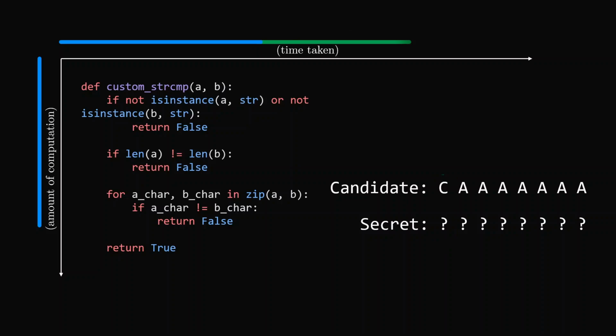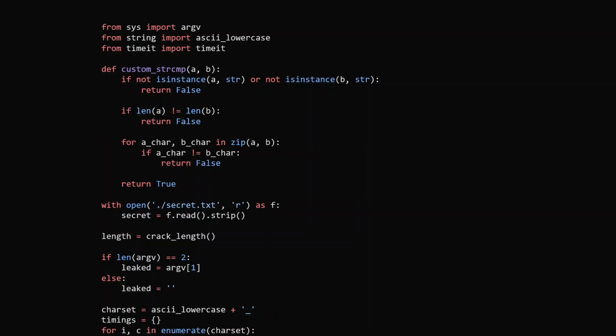Regardless of the outcome in that round, this extra computation will create a delay which we can measure. After we have the timings, we can just sort them and figure out which character took the maximum amount of time, and that is likely to be correct. We can prepend this leak to the dummy string and repeat the process until the entire secret is leaked character by character. Here is a proof of concept script which does exactly that.